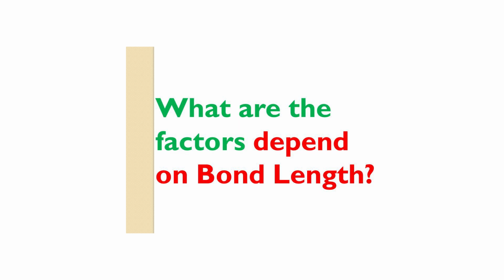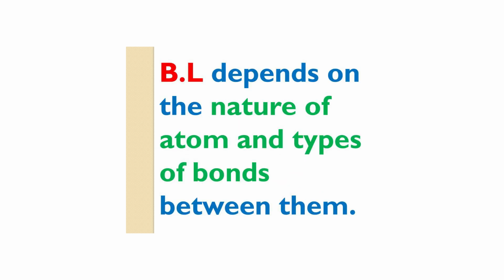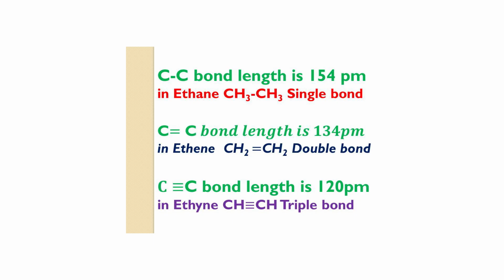Students, what are the factors that bond length depends on? The bond length depends on the nature of atom and type of bond between the atoms. Example, carbon-carbon single bond length is 154 pm, in ethane, CH3 single bond CH3. In carbon-carbon double bond, the bond length is 134 pm, in ethene, CH2 double bond CH2.